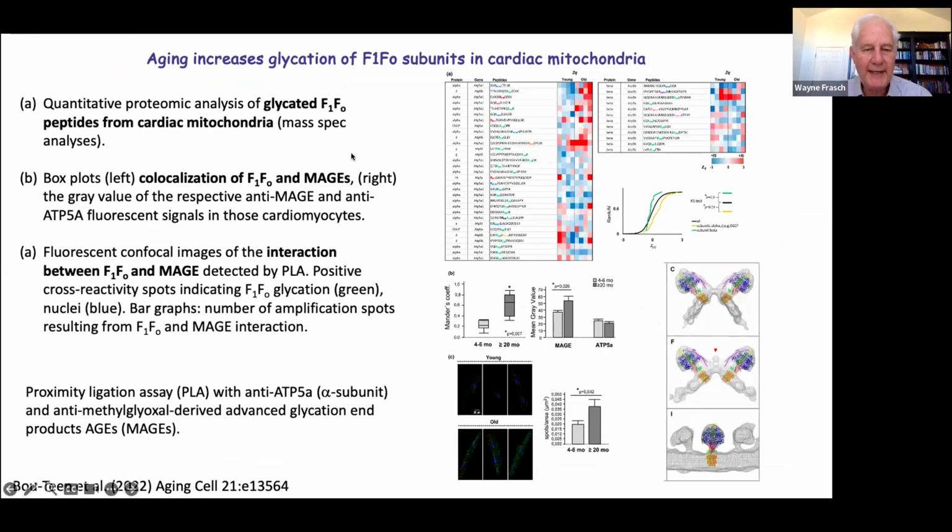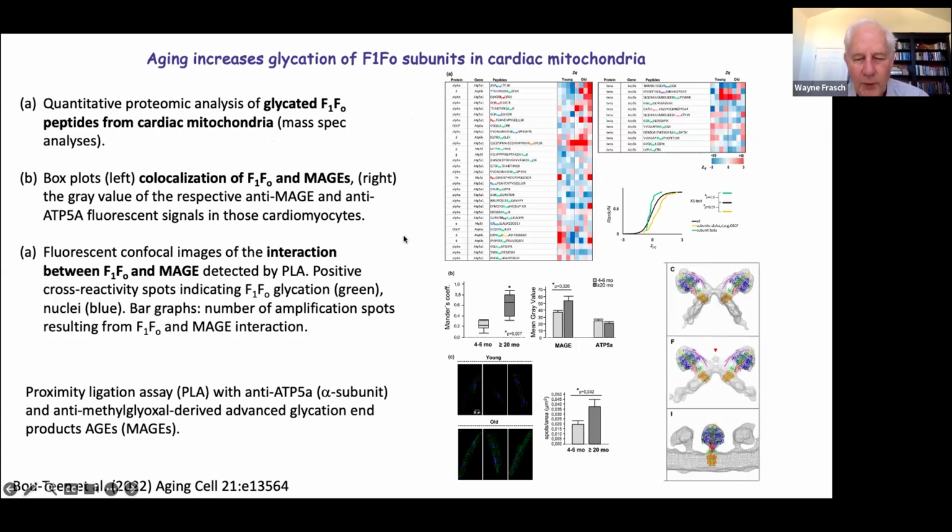So he went through and did a very sophisticated experiment where he analyzed the extent that the F1FO gets glycated with age. He would purify the F1FO and do a mass spec on all the peptide analysis, where he could measure the extent of glycation and which subunits it was in.